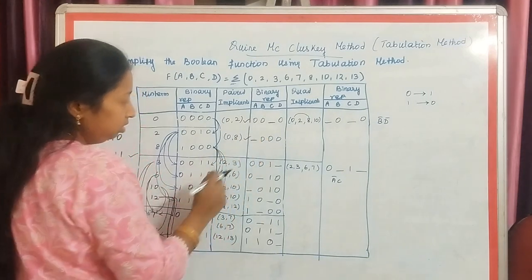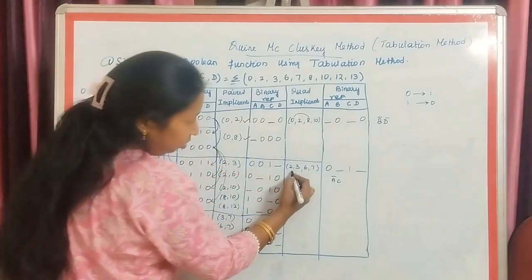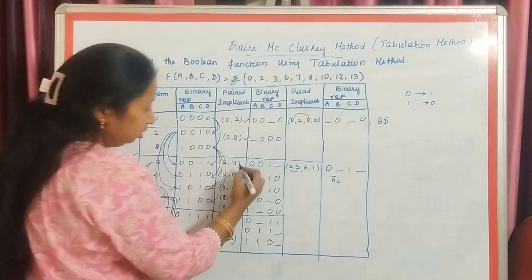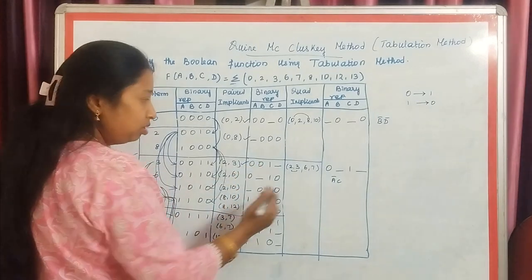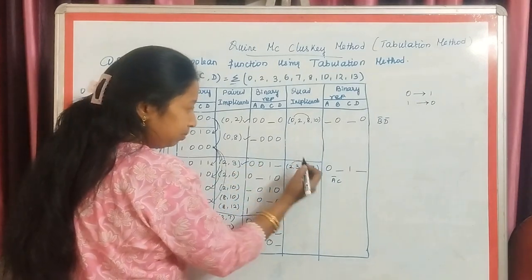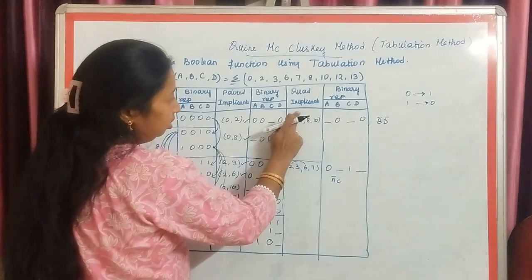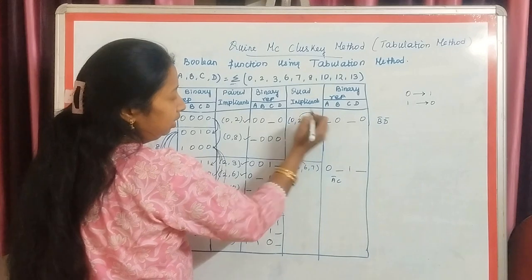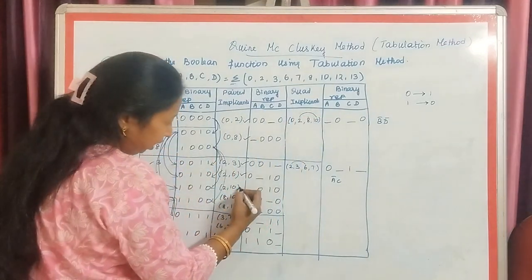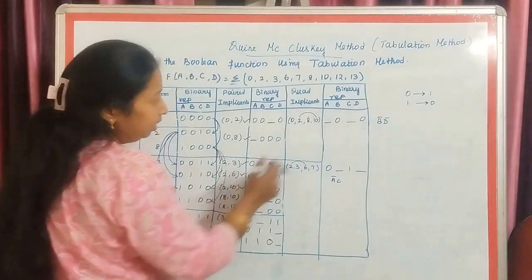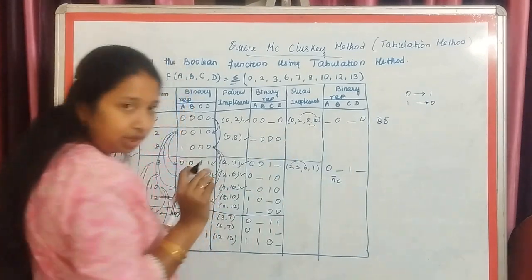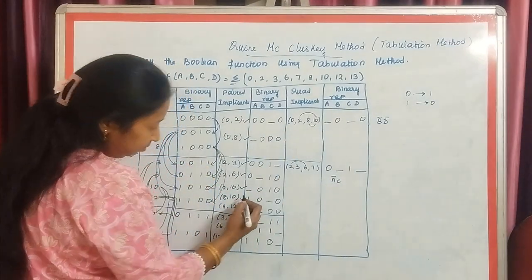So I'll put a tick mark here. Next, 2, 3. 2, 3, I can make it as a pair. So I'll put a tick mark. 2, 6, I can make it as a pair. So I'll put a tick mark here. 2, 10. 2, 10, I can make it as a pair here. So again I'll put a tick mark. 8, 10, this combination is again valid. So I'll put a tick mark here.